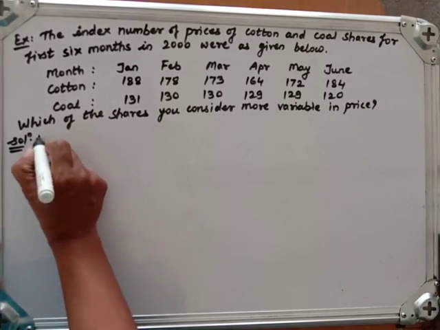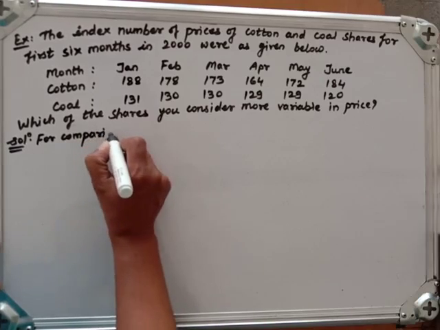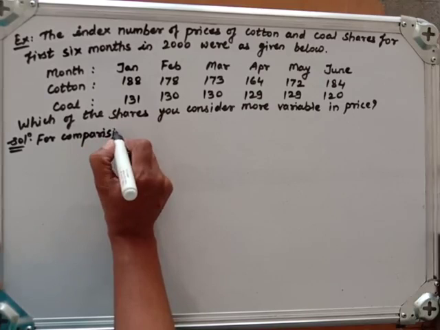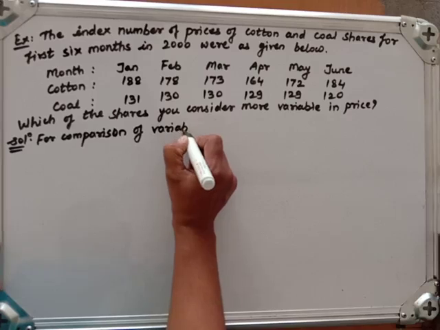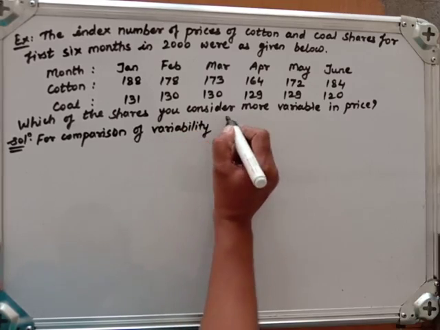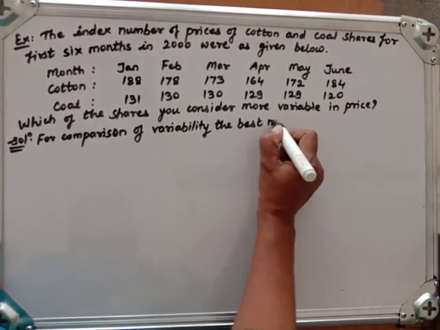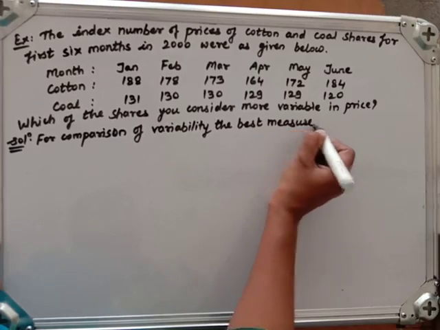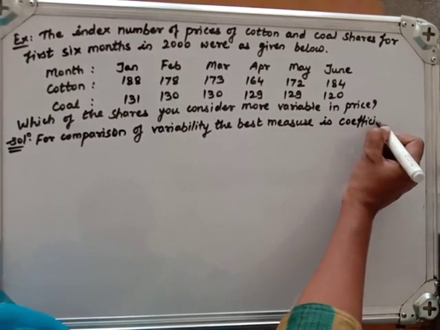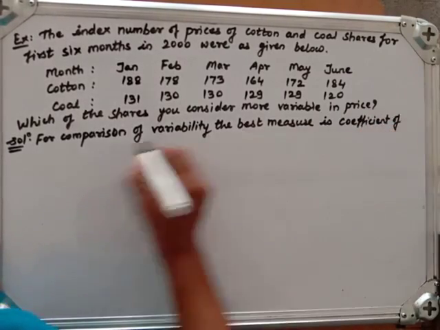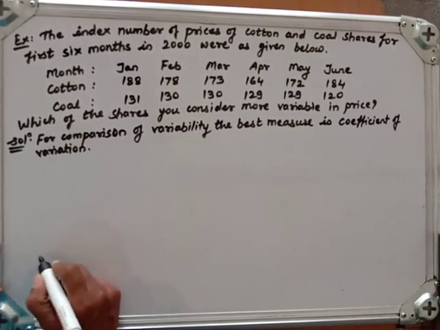Actually we can say for comparison of variability, the best measure is the coefficient of variation. So let us determine the coefficient of variation for coal as well as for cotton.